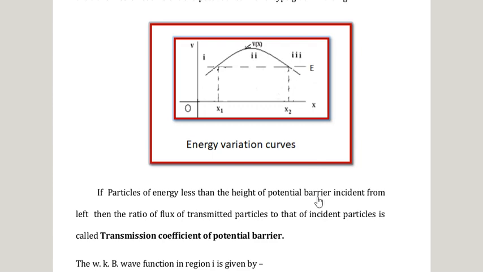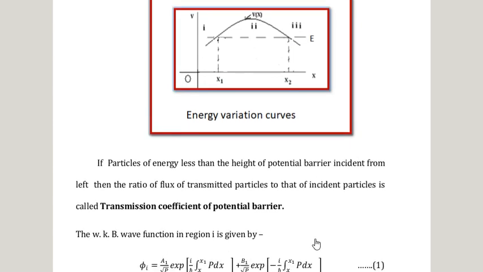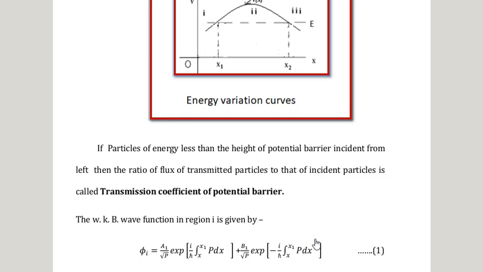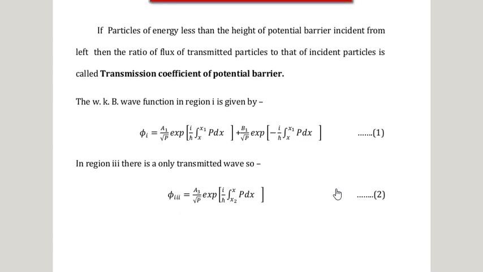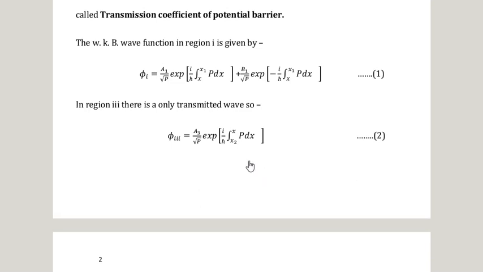So in the third region, particles are only transmitted but not reflected, and the third region is a classical region, so the wave function is oscillatory. Phi third is equal to A3 upon root p exponential i upon h cut integral x2 to x p dx.